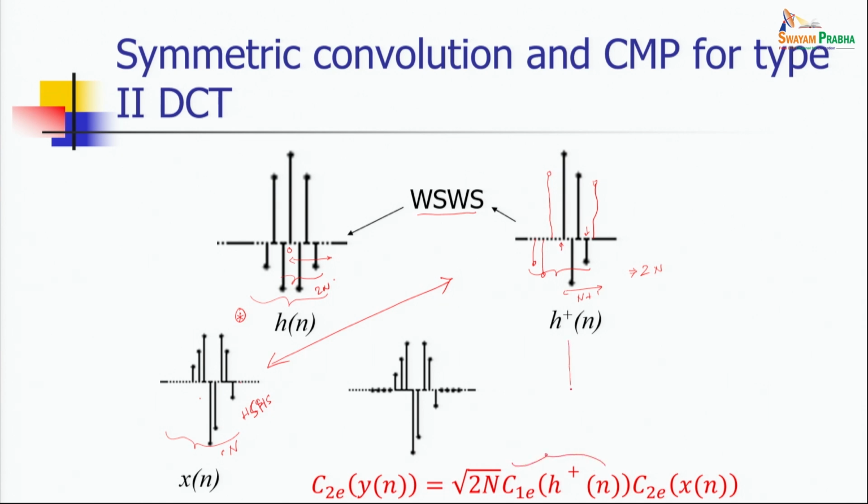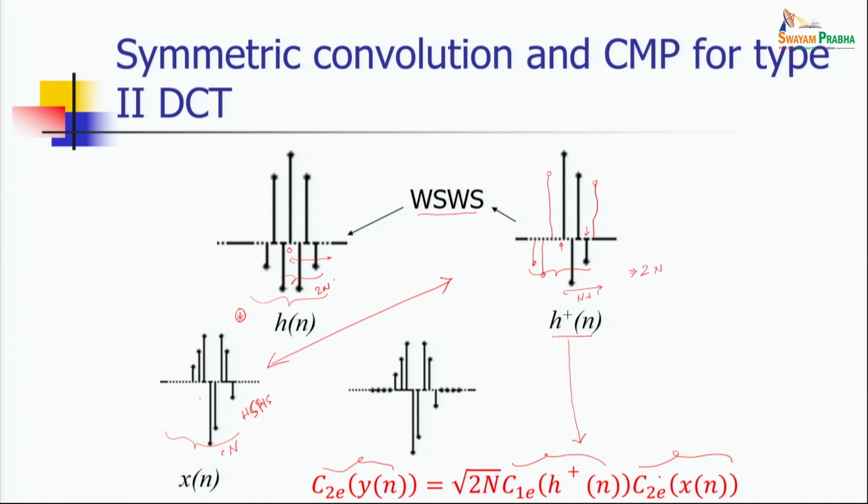If I take the type 1 DCT of the h+[n] sequence, that means half of the filter response sequence, and then the type 2 DCT of x[n]. Note that the length of x[n] is N and h[n] is N plus 1. But when you multiply them, you will get the type 2 DCT of y[n].